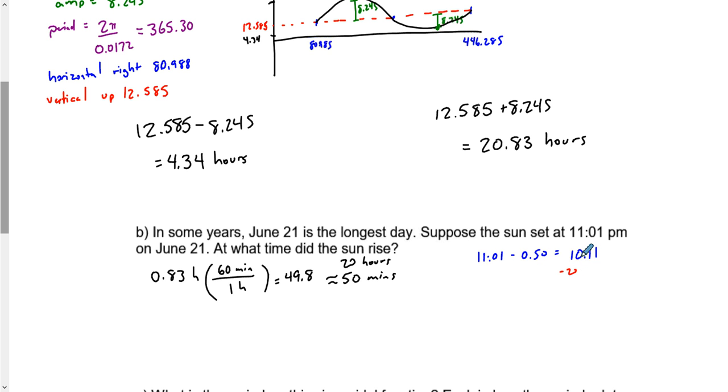Because we're dealing with hours, 10 hours before that would put us at noon. So 10 hours will put us at 12 o'clock. We'd have 10 more hours, which would be at 2 o'clock. So at 2:11 a.m. is when the sun rose on June 21st, in some years.